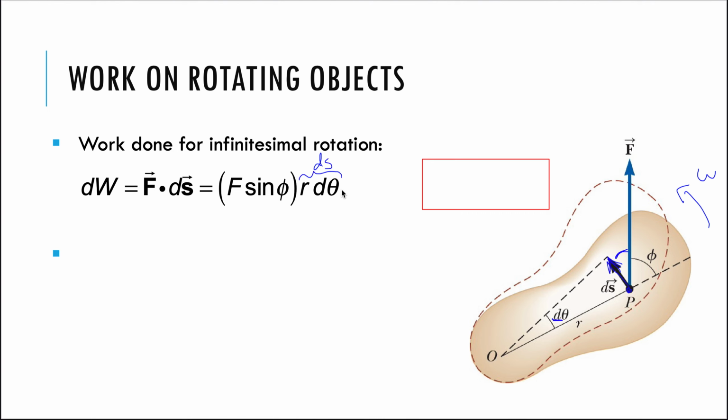This right here is the ds, so we've made another substitution where ds equals r d theta. We've seen this substitution before. If we think of ds as an arc length, then it's defined as r d theta.